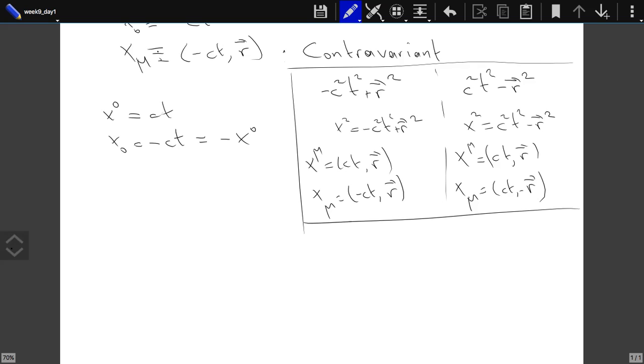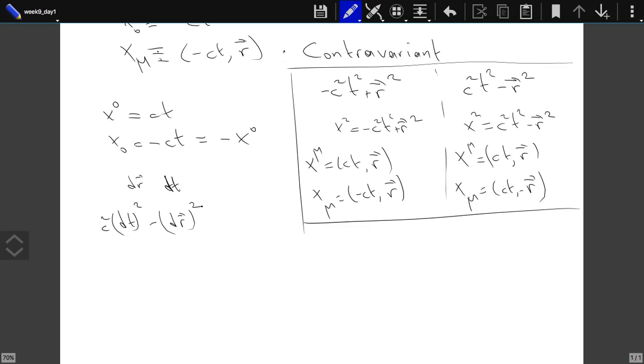Now let us consider a reference frame, and let us look at a particle in that reference frame. With time, the position of that particle will be changing, so there will be some dr and dt. But we know that whichever reference frame you use, c squared dt squared minus dr squared will be the same.